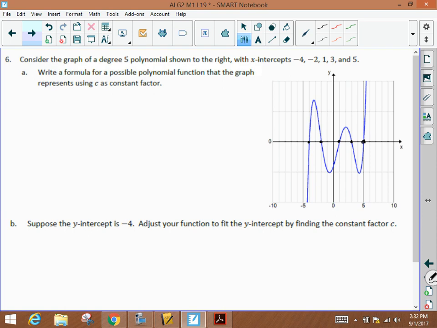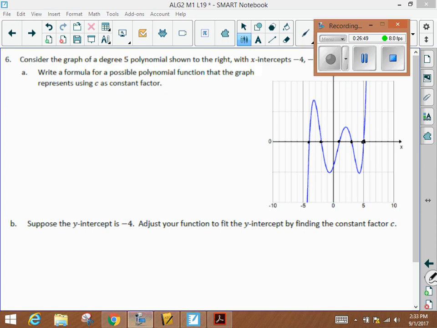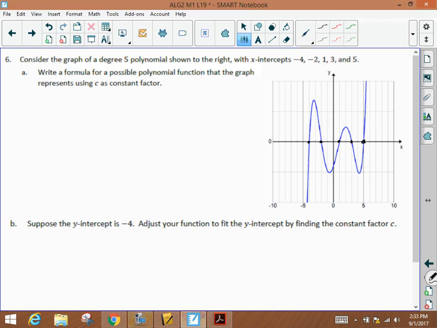And we're going to use c as a constant factor because it's possible that there's some constant out there, c. When we're talking about c as a constant factor, a factor means that it multiplies. So I'm going to call our function f, so f of x equals c, and c is just this constant factor, so that means that it's multiplied.